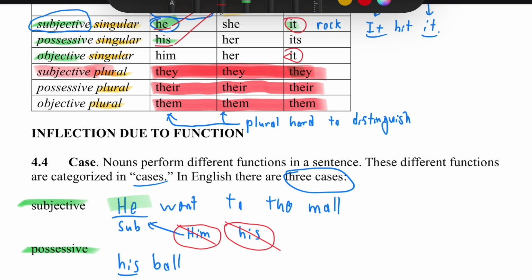And then objective would be, for example, "she hit him," where "him" would be in the objective case, because "him" is functioning as the direct object.